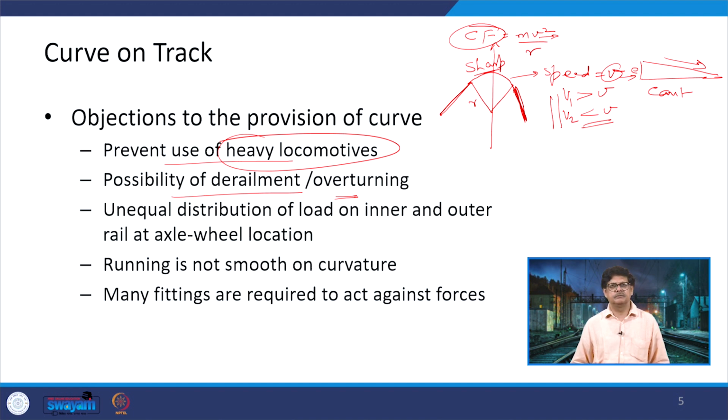So, this is another objection with respect to the curves: unequal distribution of the load on the inner and outer rail at the axle wheel location, wherever the wheels are touching the rail. Now, if we talk about the rail section, it will be something like this.